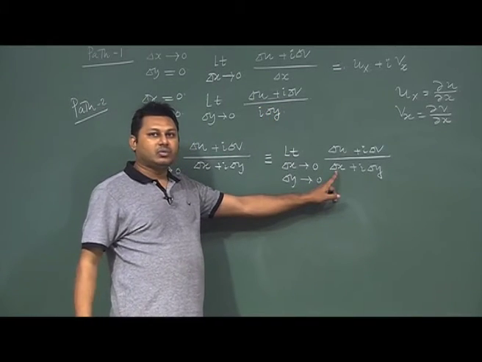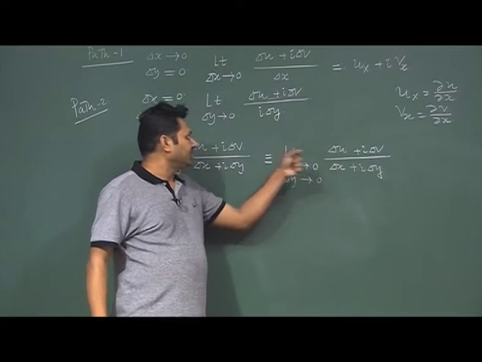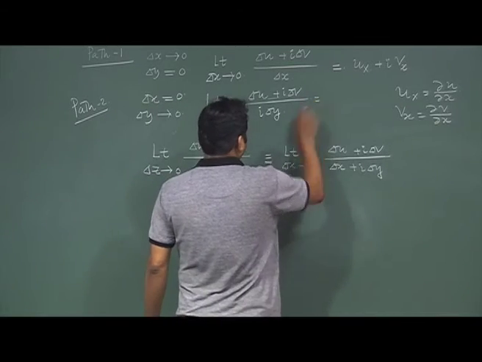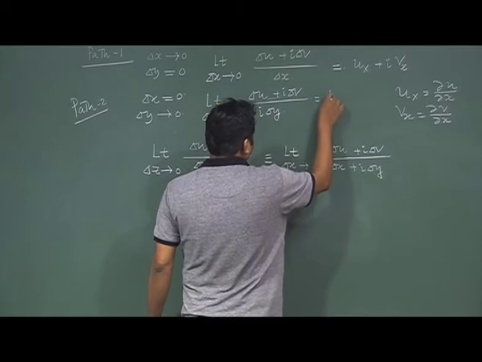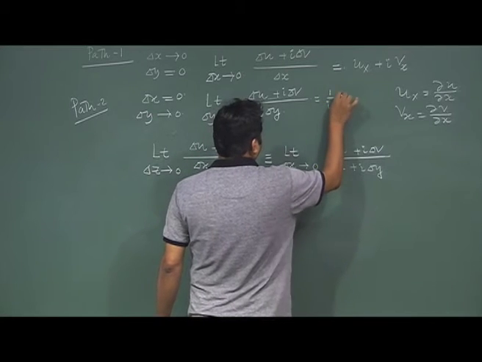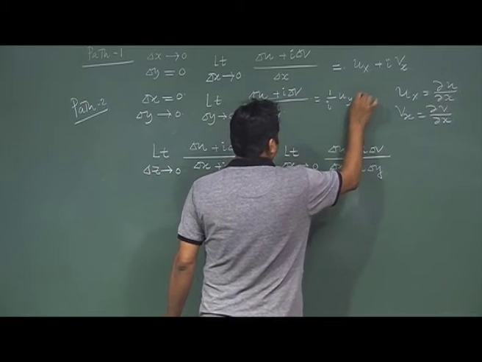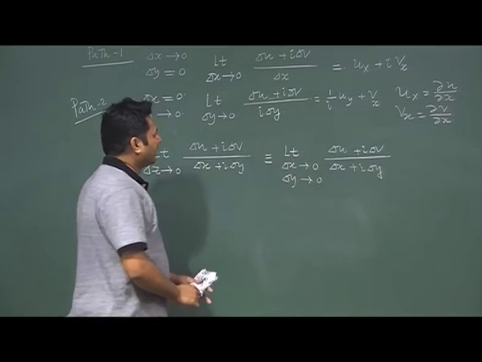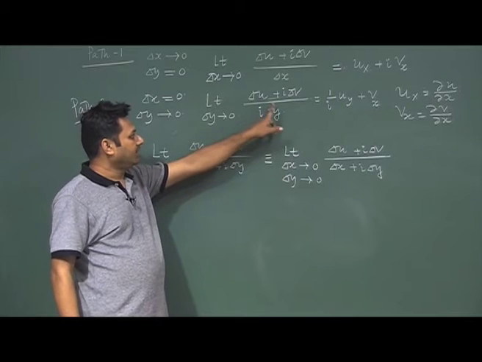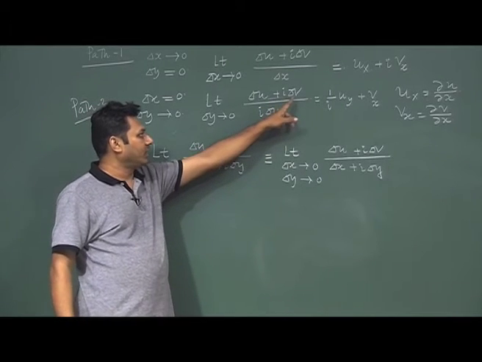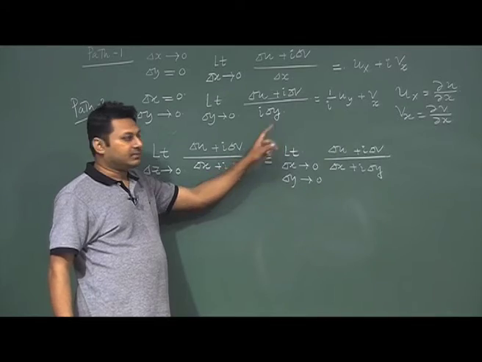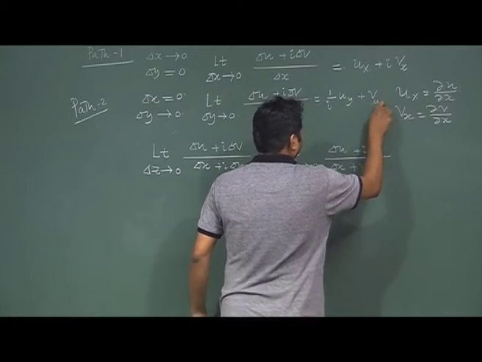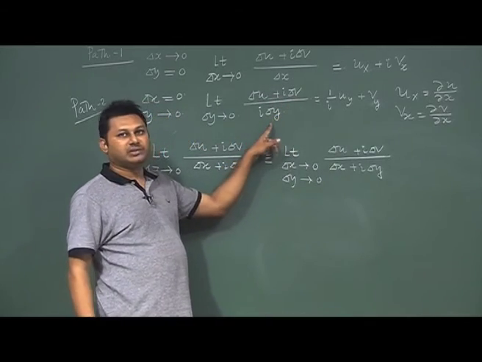Since delta x is equal to 0, this term vanishes, and the only thing we have is this. Now, if I simplify, it will be 1 by i u_y plus v_x, where the 1 by i times u_y I will cut out. So I will have v_y, where v_y is the partial derivative with respect to y.